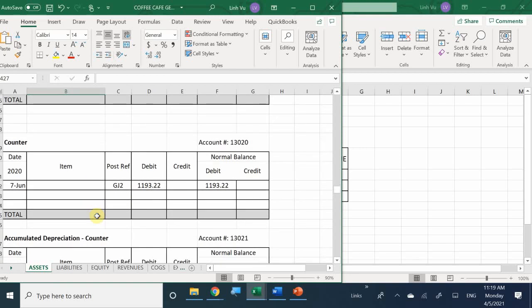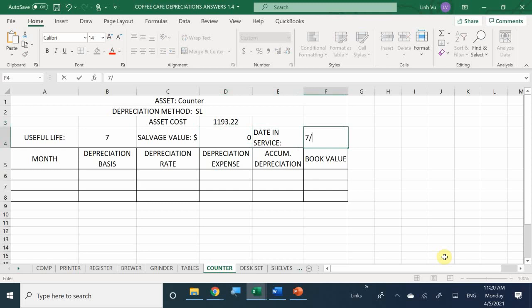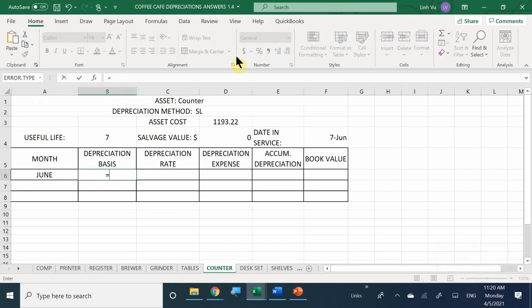June 7th for $1193.22. So let's go ahead and solve for the depreciation for the month of June. My depreciation basis.